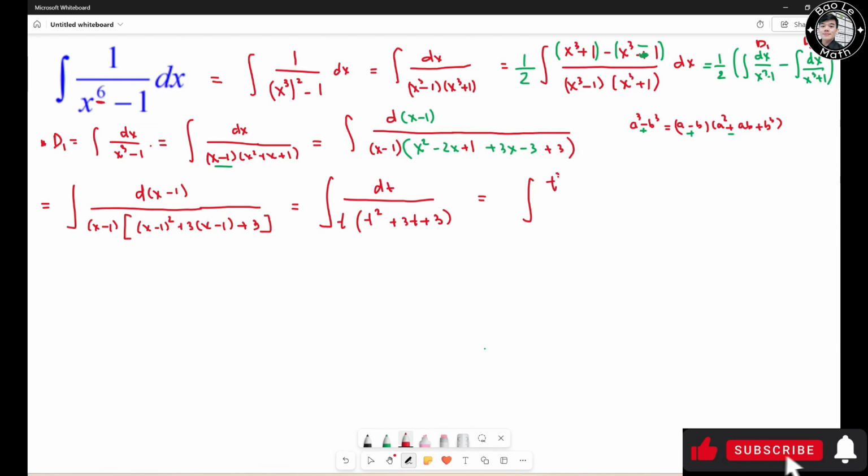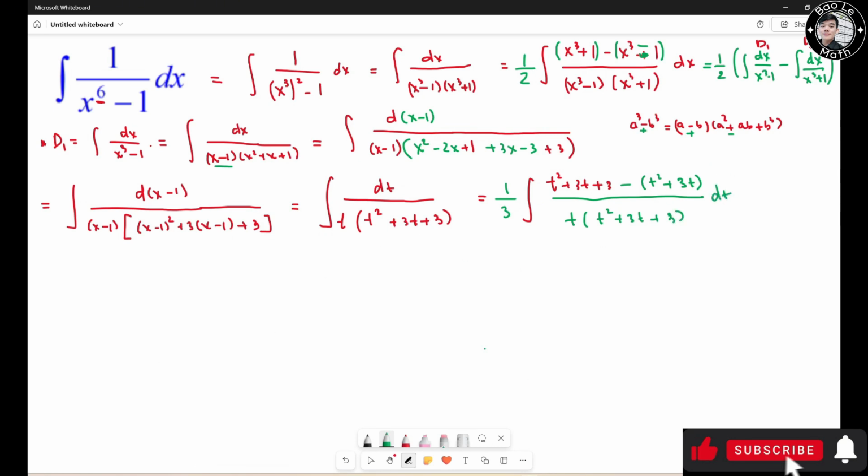I just rewrite t squared plus 3t plus 3 on the top. Okay. Then I'm going to subtract t squared plus 3t. Right? So if I do like this, I have 3 on the top, which means I need to multiply by 1/3 right here, over t times t squared plus 3t plus 3 dt, right?